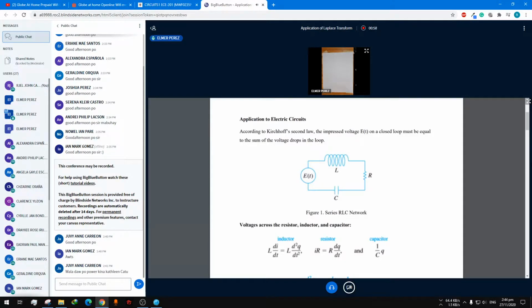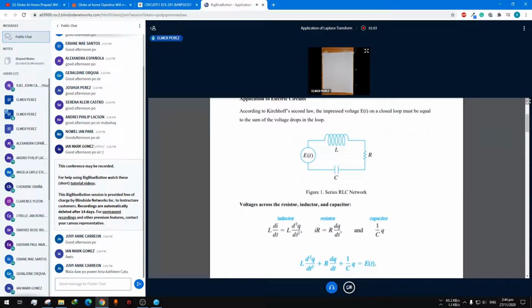If we will draw the KVL equation from this given network, so we will have KVL, basic KVL. So we will just add, since they are in series, the voltage across the inductor, the voltage across the resistor, and the voltage across the capacitor, which will be equal to E, or the voltage across the combination of the three elements. And each element, dahil meron tayong variation in terms of time, nakasulat dyan yung voltage across each element.